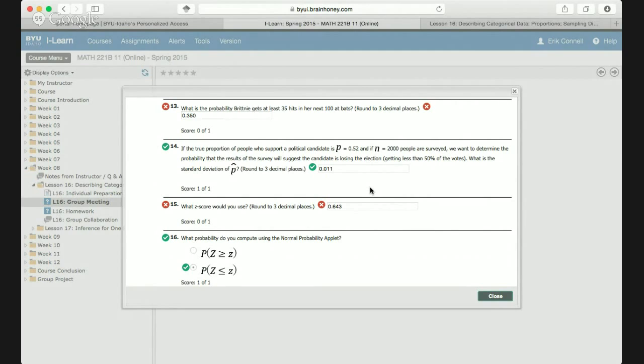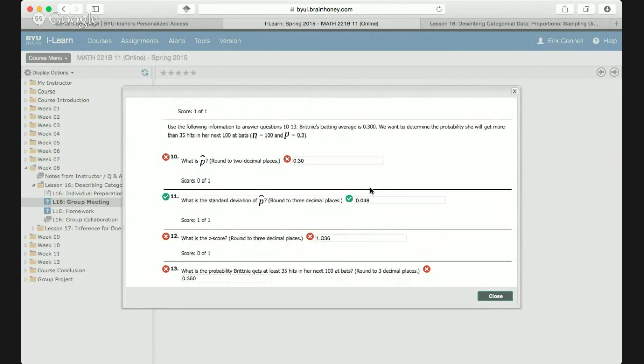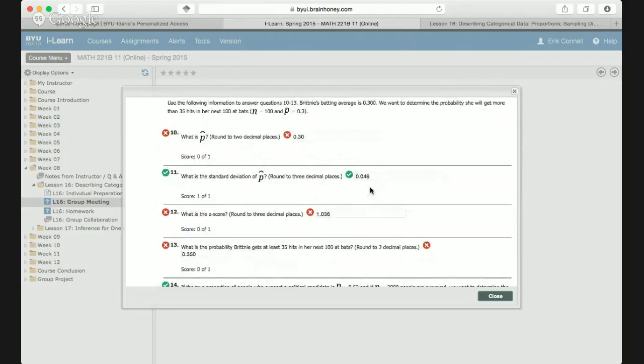We got 10 wrong with 0.35. No, we got 10 wrong with 0.30. Oh, you submitted a long time ago. Yeah, then I got a little distracted. I had to write to Brent. He sent me an email. So it was 11. So 11 was right. 11's right. So we got 10 wrong, but we corrected it. Yeah.